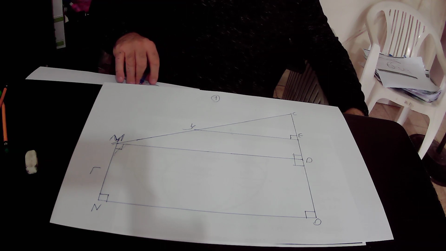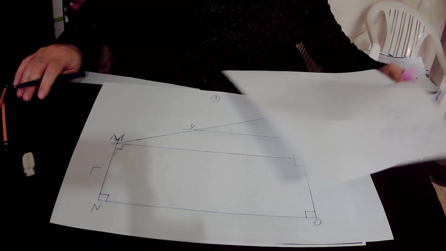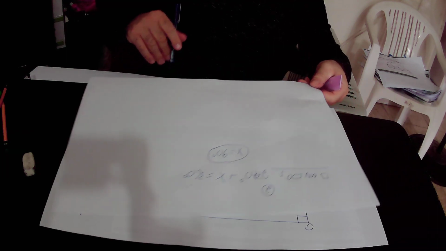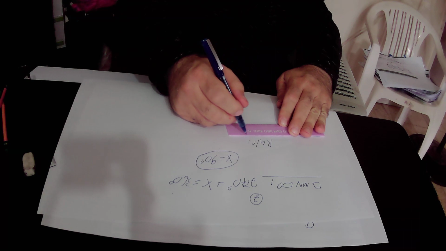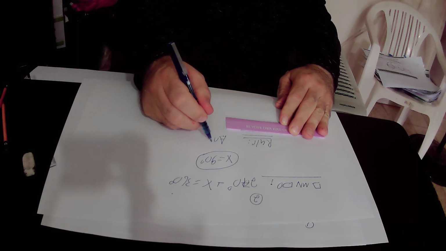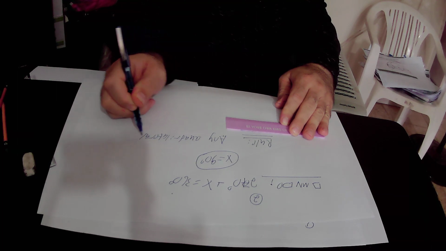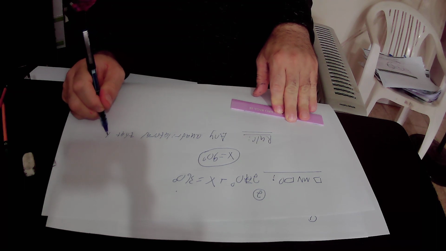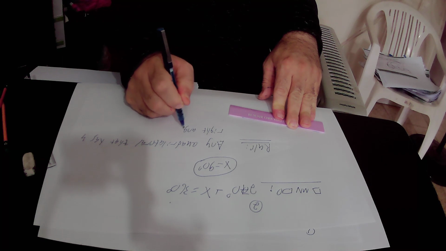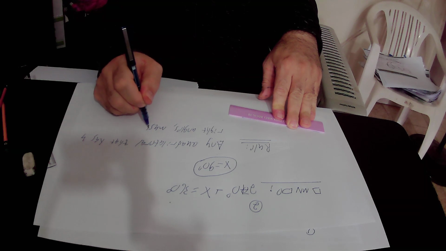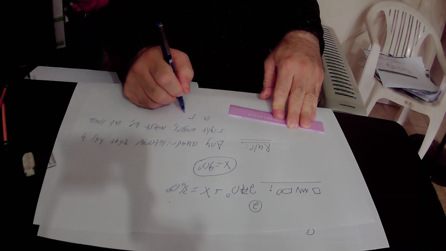So I write it down: any quadrilateral that has four right angles must be at least a rectangle. If not a square, it must be at least a rectangle.